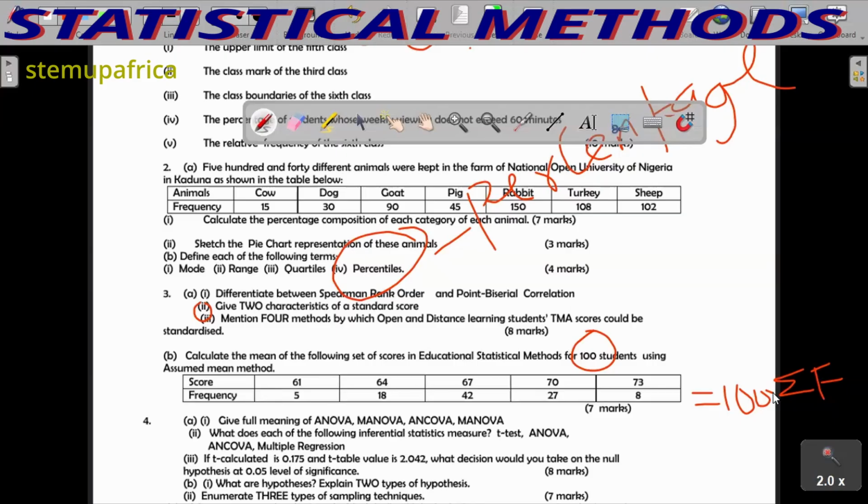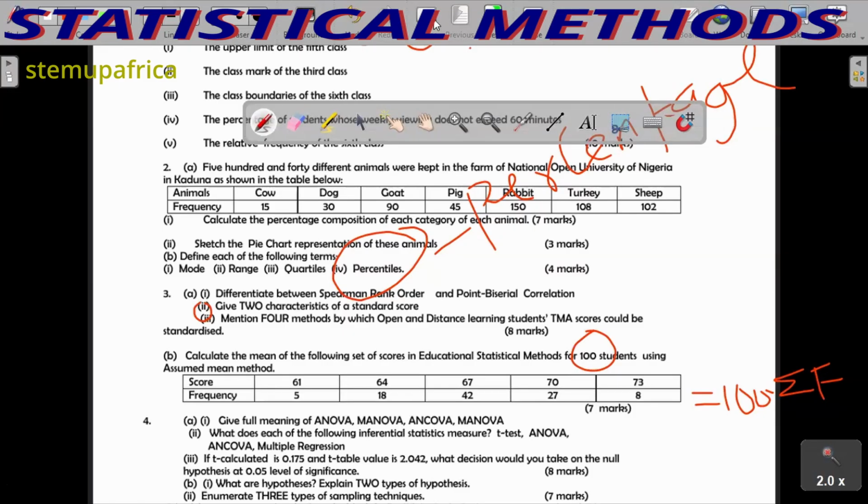Then you calculate the mean using an assumed mean. It has a formula. One thing about statistics is that you will know the formula. The formula will help you to track what you are doing and give you a sense of direction. So let's first of all take the formula of an assumed mean.